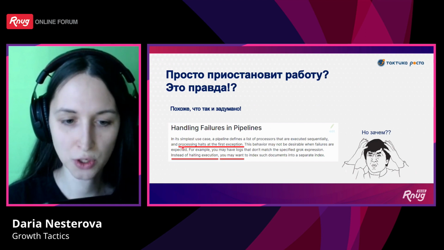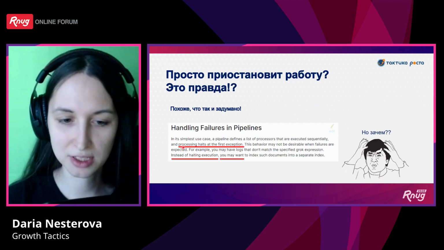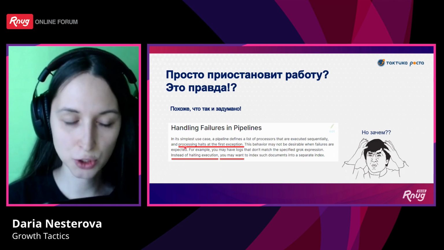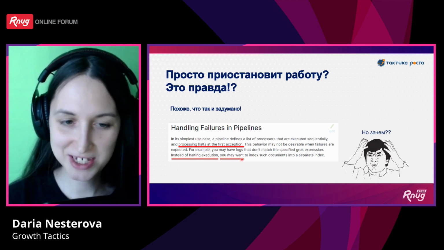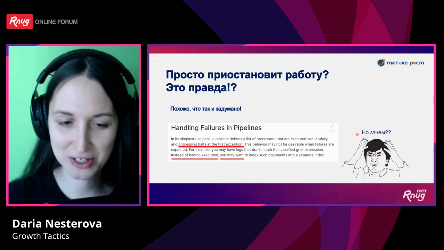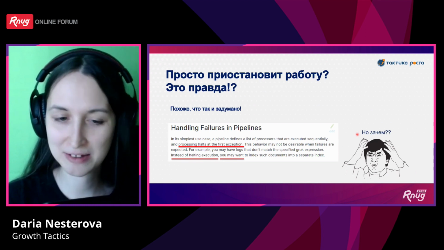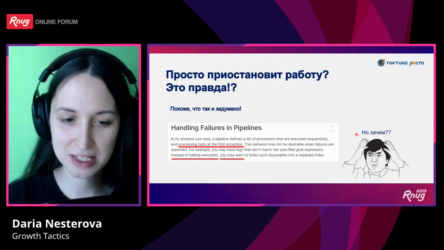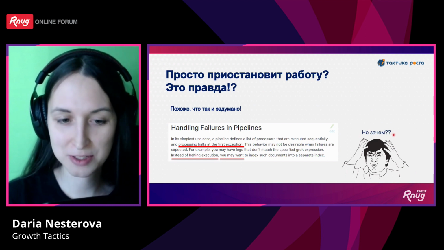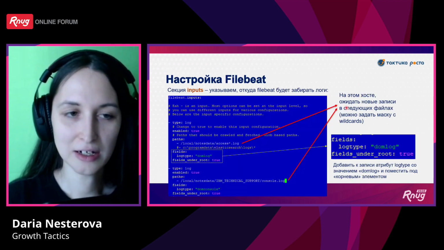In the Elastic documentation, it's clearly written that the default mode is, in case of the first exception, everything will halt. In order to avoid that, you can add this processor. Of course, you can ask why you need to do that specifically, but the documentation doesn't answer that question. But there has to be a reason for that.